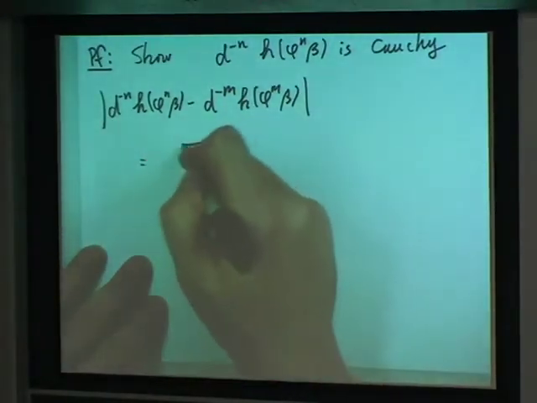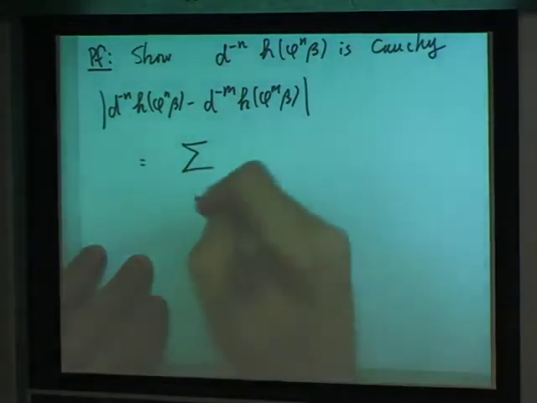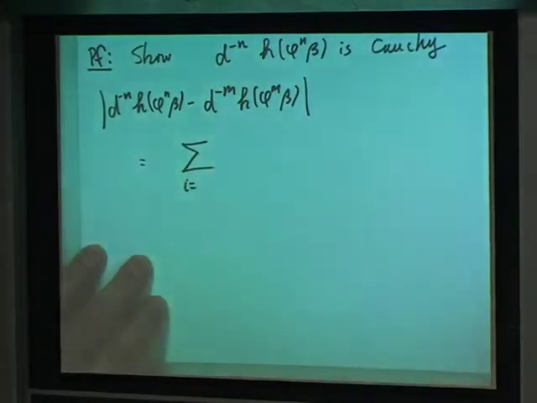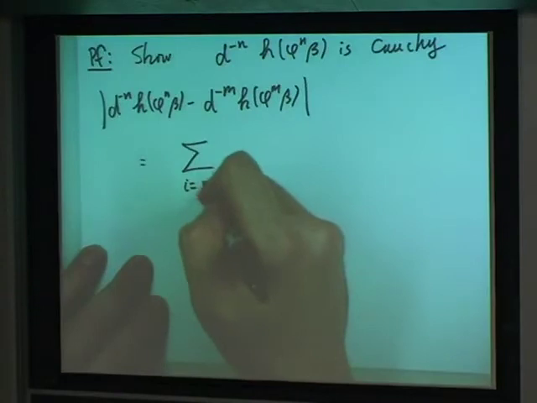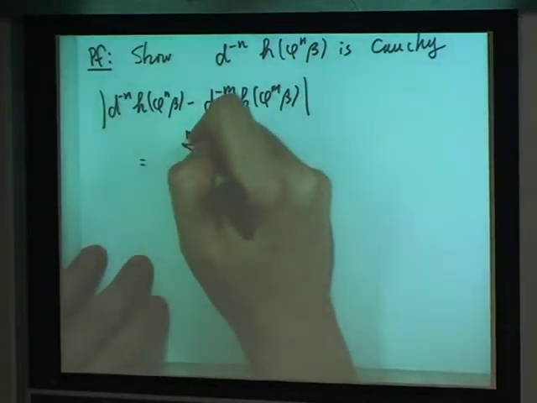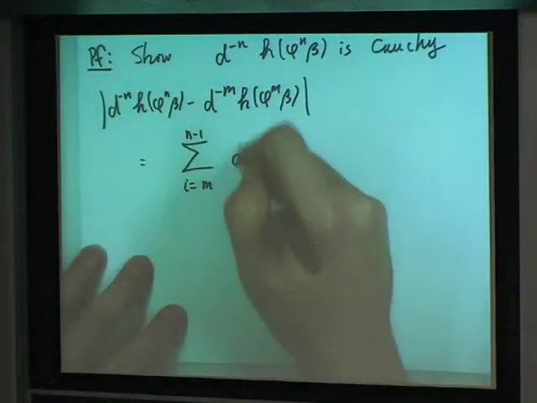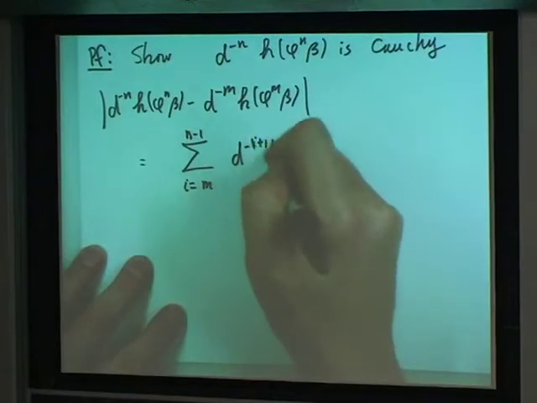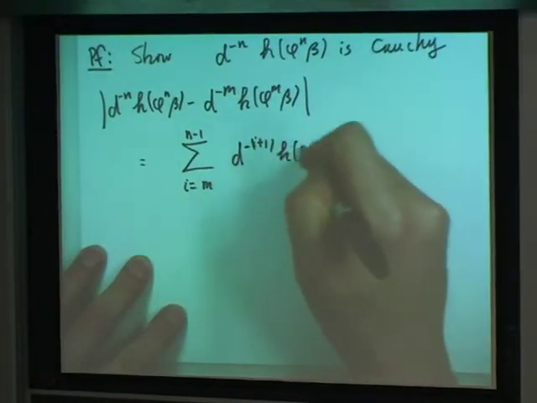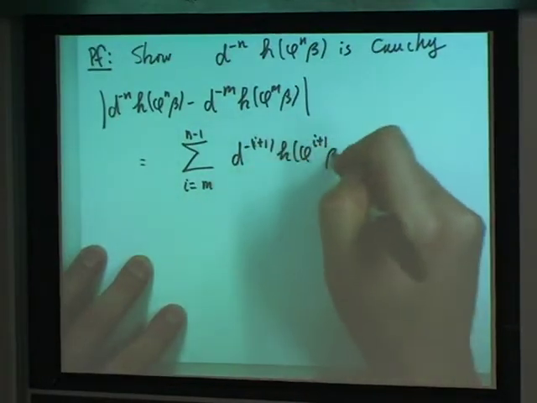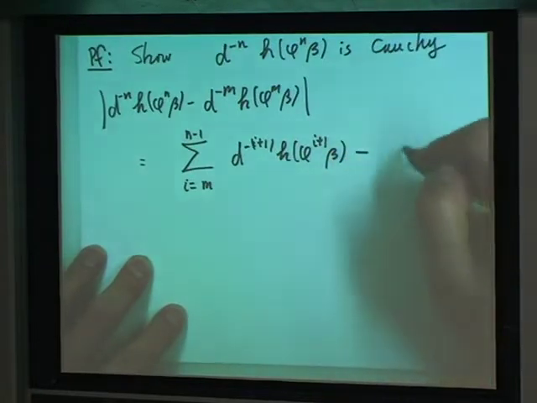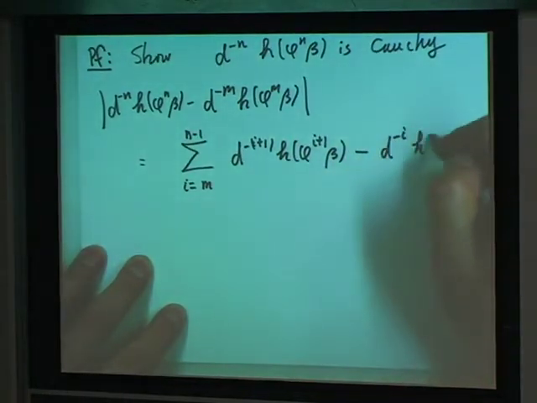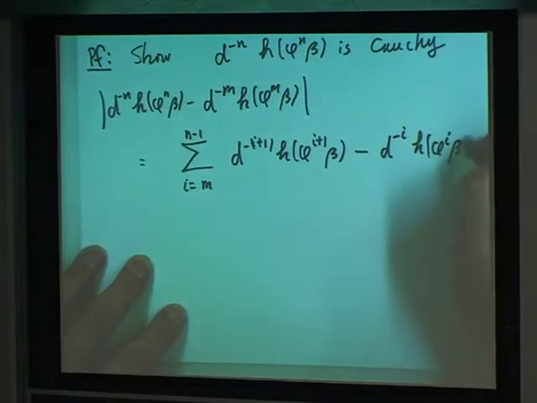So, see if I can get the indices correct. Let's start at i equals m, and I guess we then want to go to n minus 1. And we'll take d^(-(i+1)) times the height of phi^(i+1)(beta), minus d^(-i) times the height of phi^i(beta).